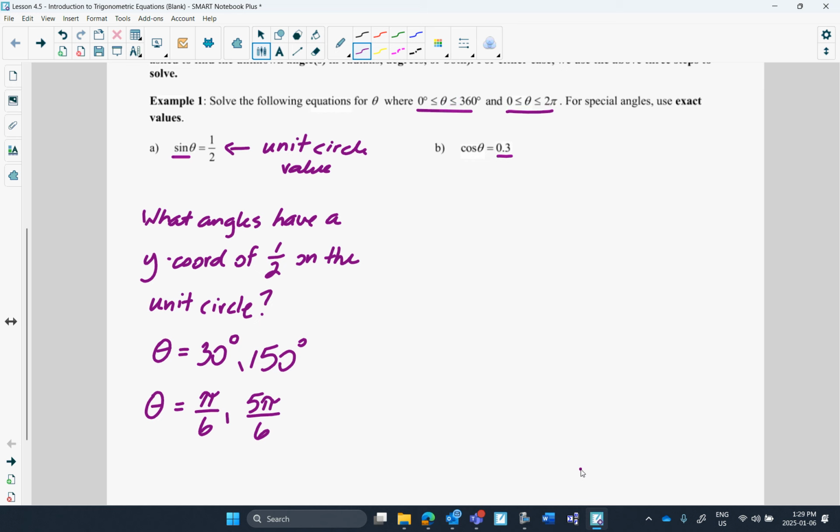We're going to have to use a calculator. We reviewed this last year, and I'll review it again this year. What we do, I just sort of call it quadrants reference angle. That's the method, and you're going to have to use a calculator to get there.